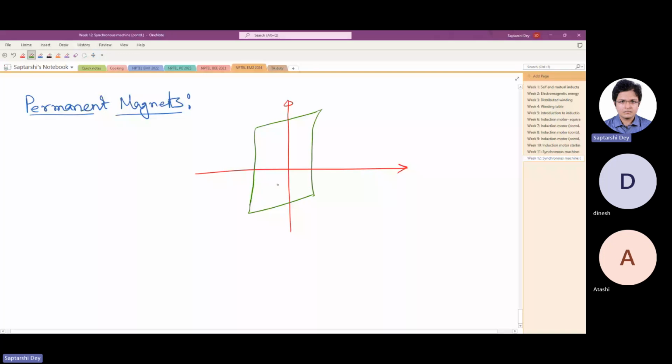It should be symmetric, I just cannot draw like that. Another one looks like this. Which one can be a permanent magnet? This one, a hard magnetic material. Whereas this one is an electric steel.